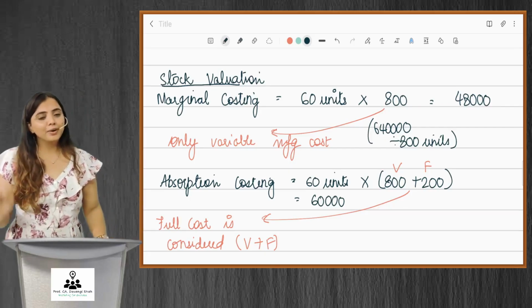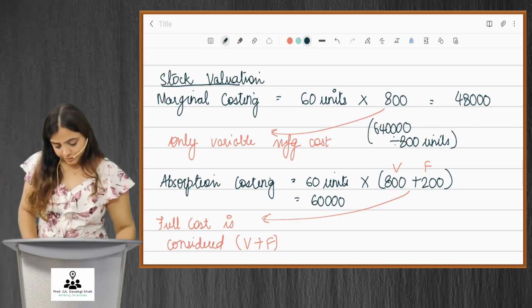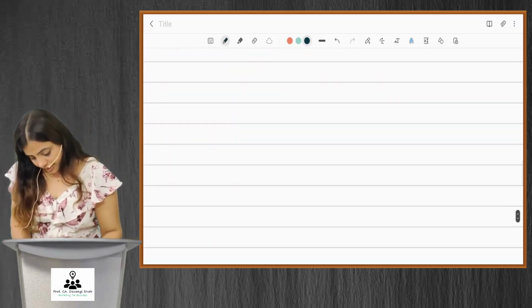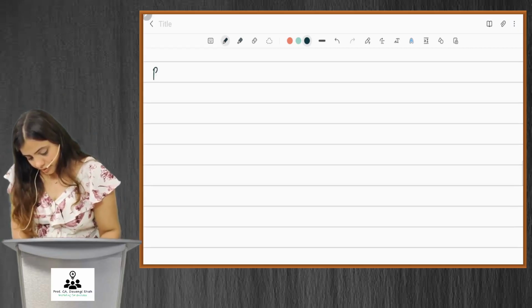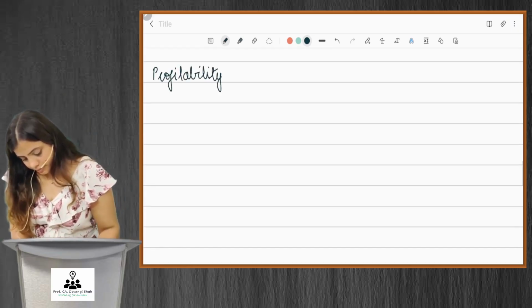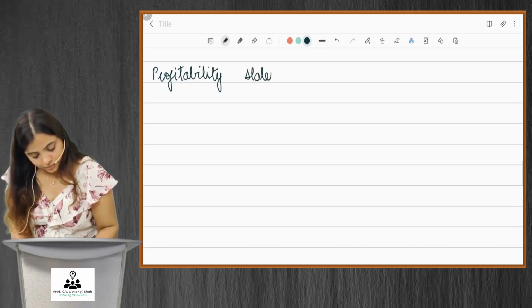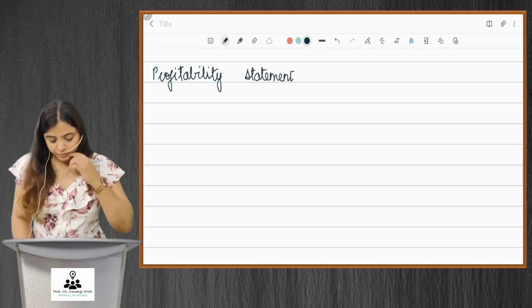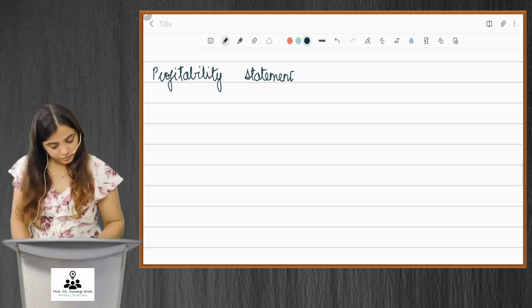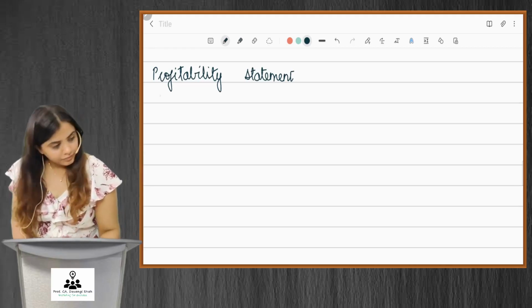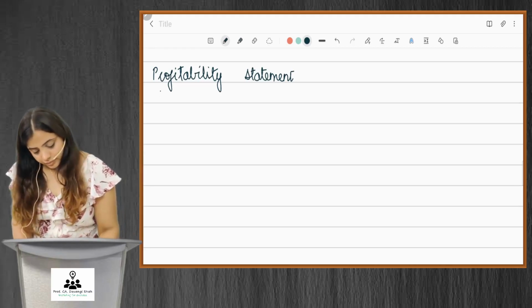Okay. Now let's make the profitability statement. Give the heading: Profitability statement. First, we will do it as per marginal costing.